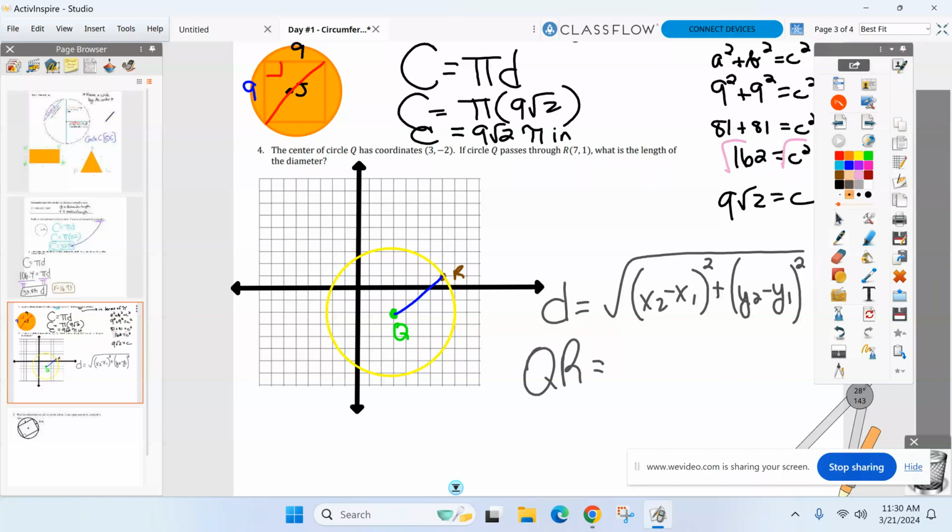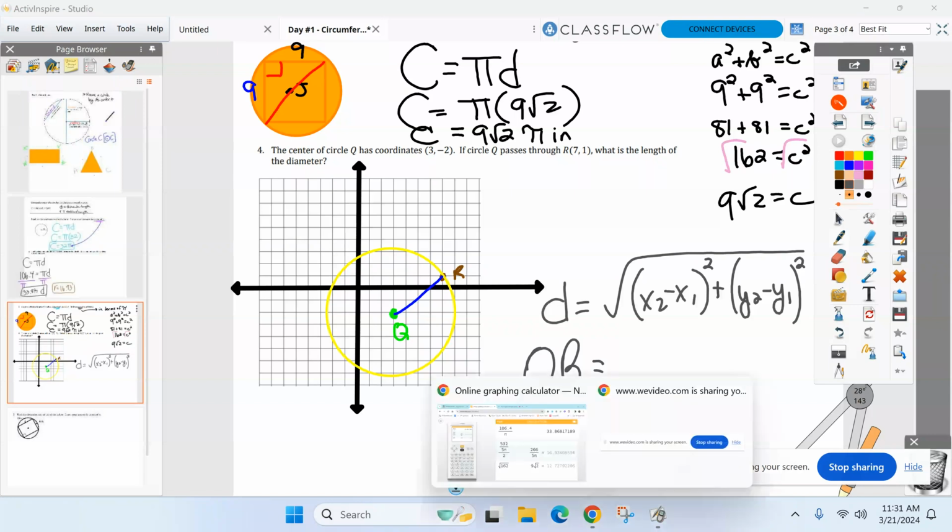I still want to talk about this one because we are in honors. Playing with fire here. Let's see. Distance of QR.